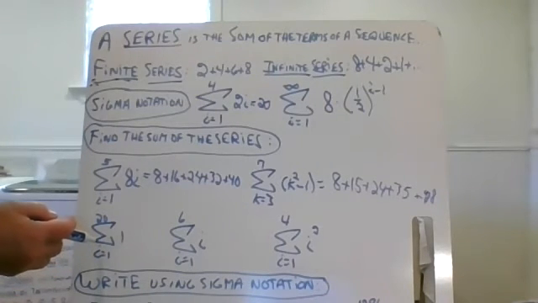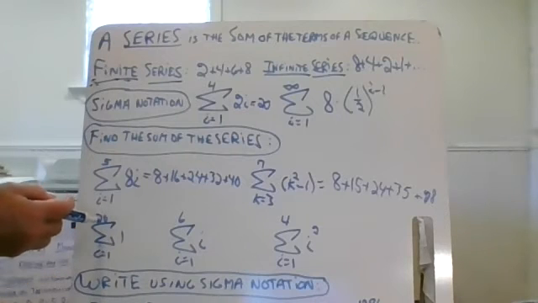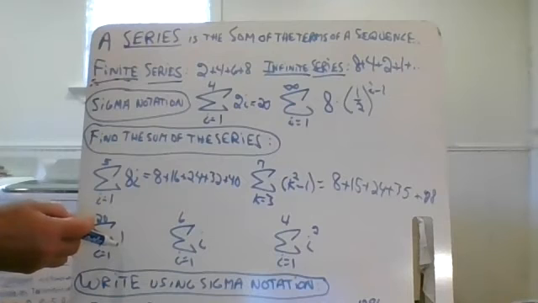Now, pay attention to this one. Sigma c equals 1 to 20 of 1. So the term generator here is the function a sub n equals 1.